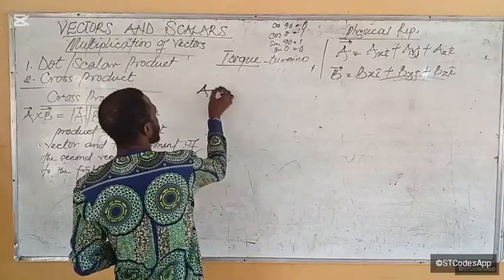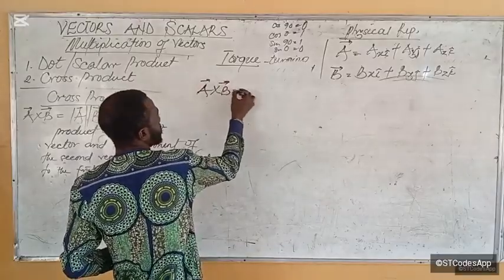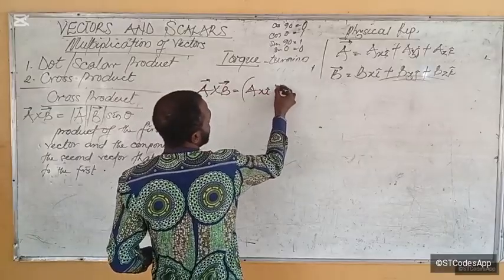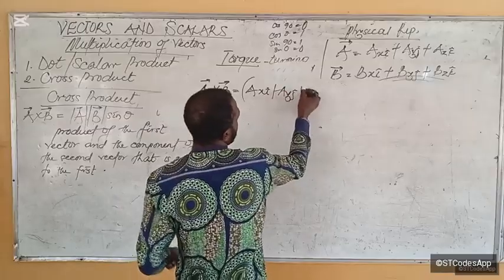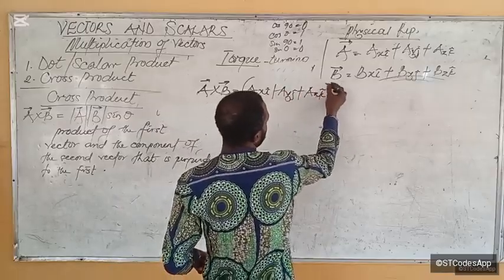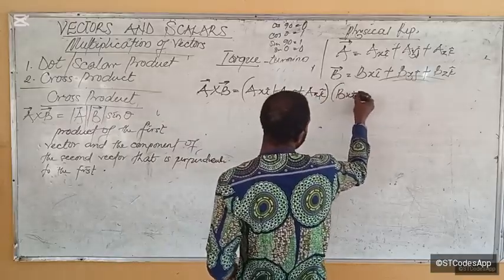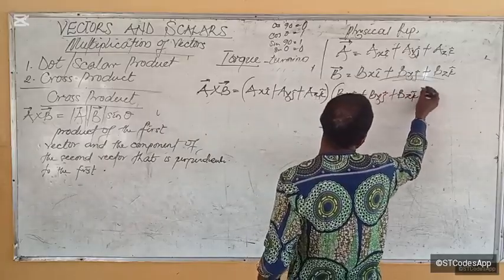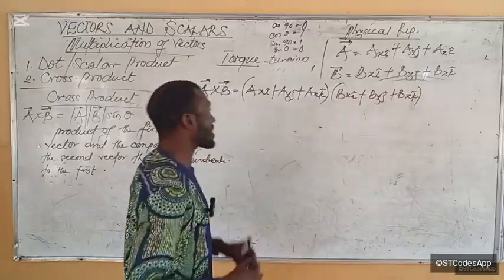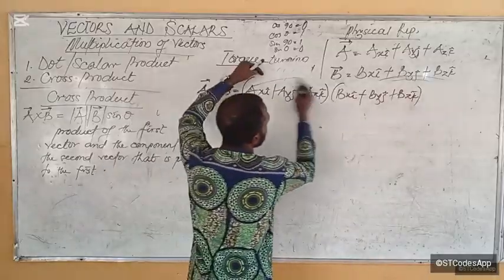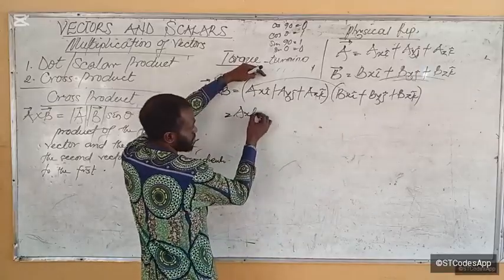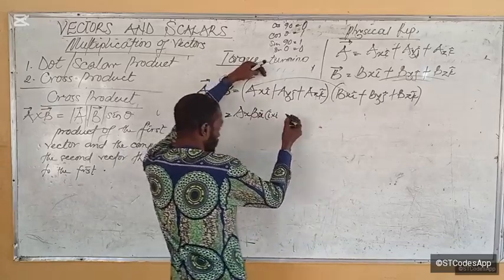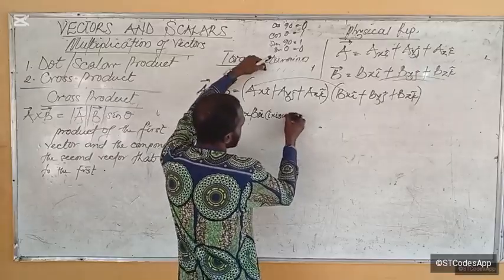I want to take the cross product of vector A and vector B. I have AXI plus AYJ plus AZK times BXI plus BYJ plus BZK. The same way, if we multiply this by this, it's going to give us AX BX I cross I sine theta.